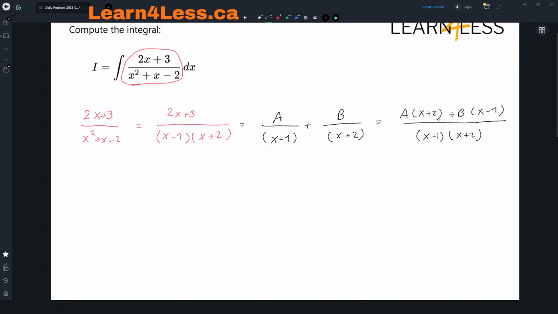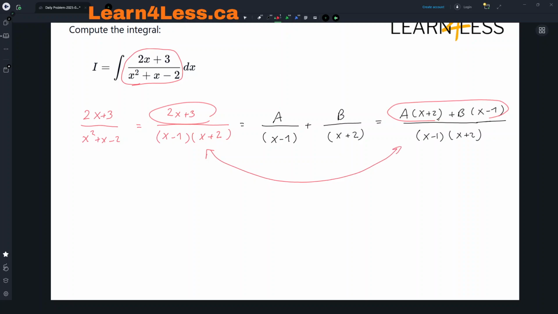Now, if I want to be able to write this rational function as a summation of these two simpler fractions, I need to find A and B. And the way that I need to find A and B is making sure that this is the same as what I started with. So basically, I need to make sure that the numerators are the same because the denominators are already similar.